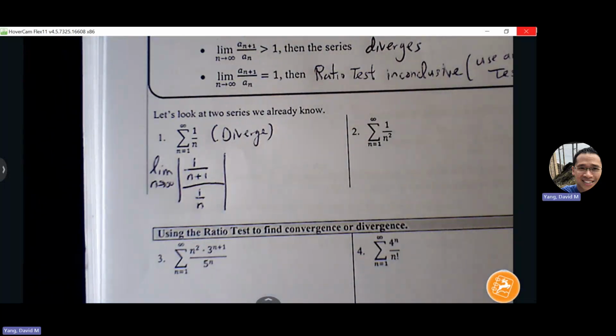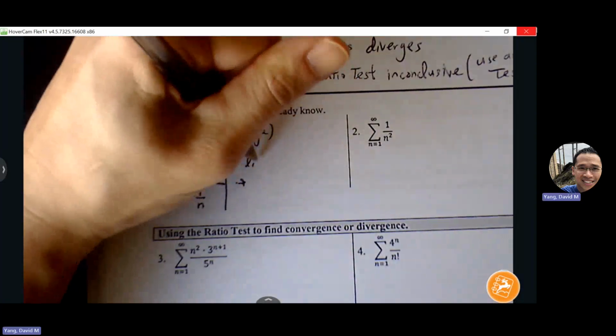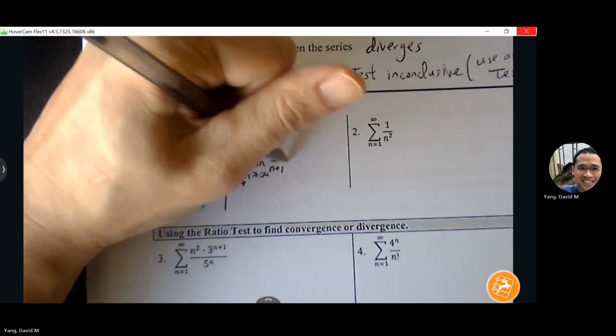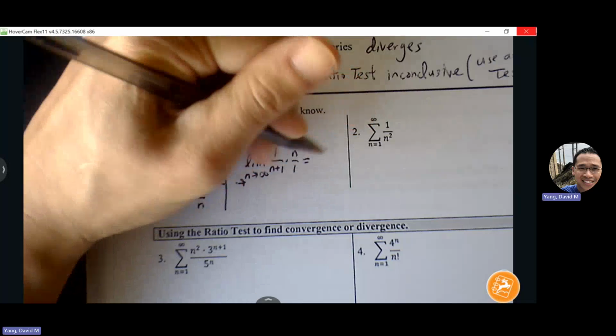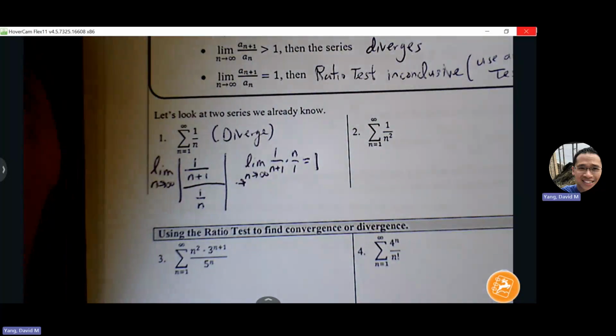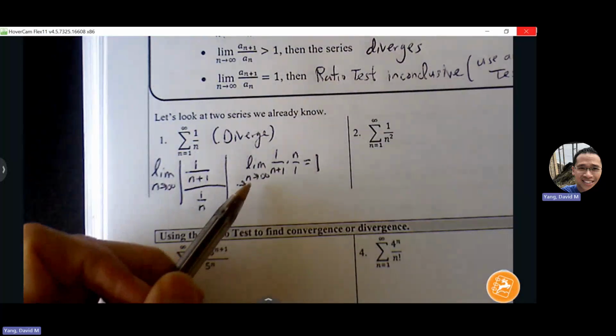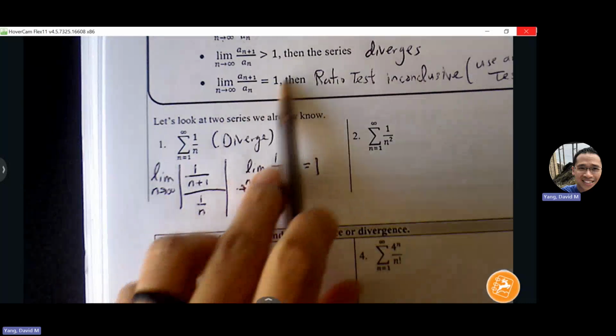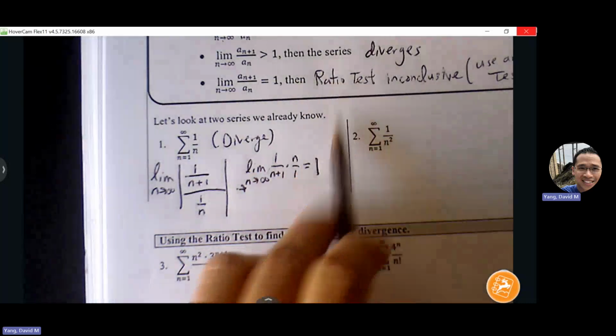Dividing by a fraction is the same thing as multiplying by the reciprocal. So this is equal to what? 1. And then, yeah, n over n plus 1. And we know that limit as n approaches infinity, degrees match. I'm just left with 1. And then for this one, the ratio test is not good because it's inconclusive.